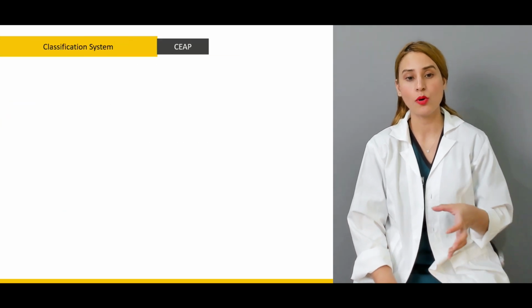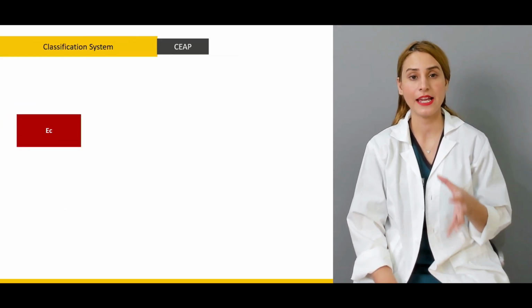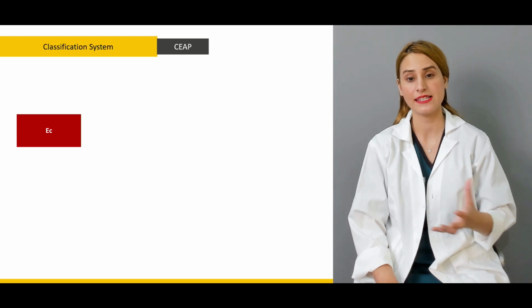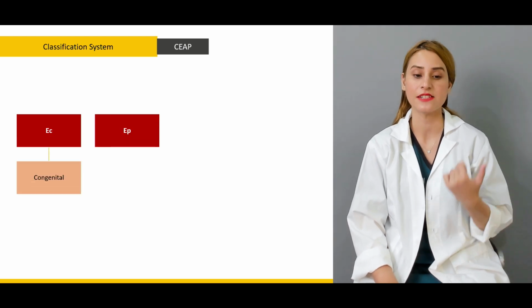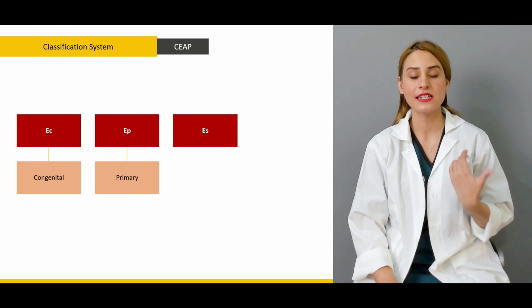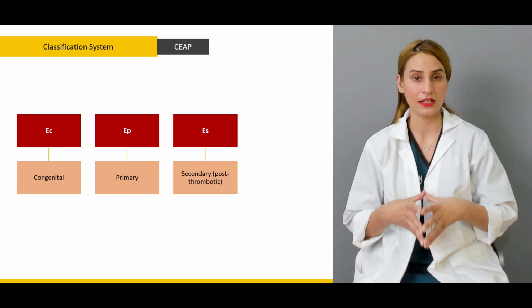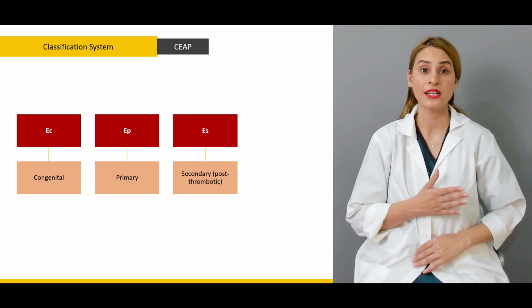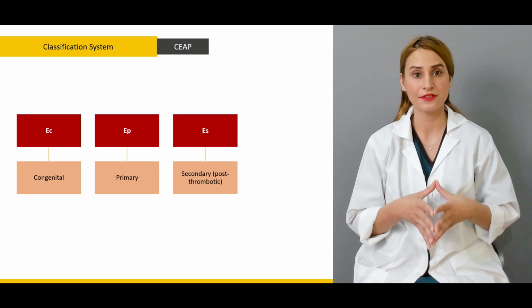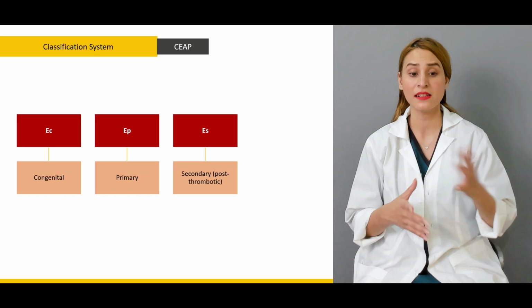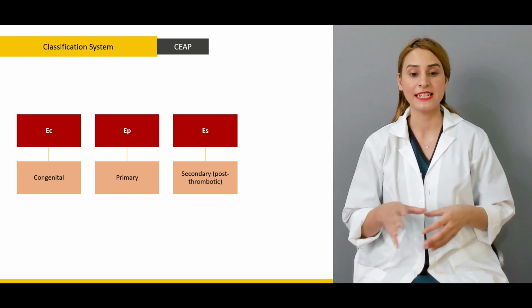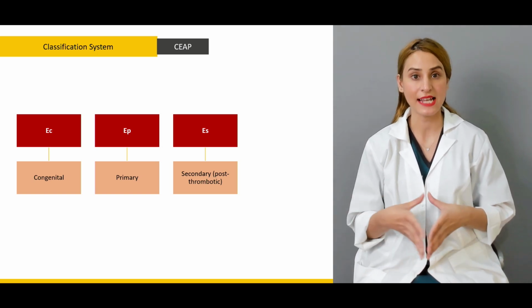The second point in the CEAP classification is E, which stands for etiology. Etiology can be congenital. There can be congenital deformity like collagen deficiencies, collagen vascular diseases, Marfan syndrome, Ehlers-Danlos syndrome. So EP is primary and ES is secondary.